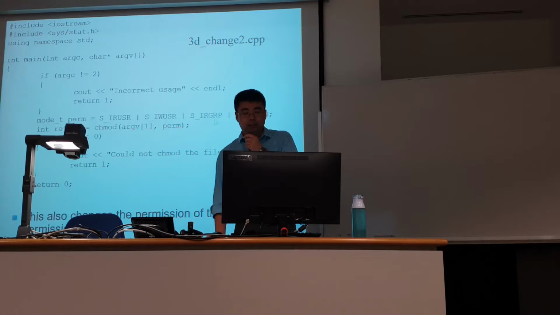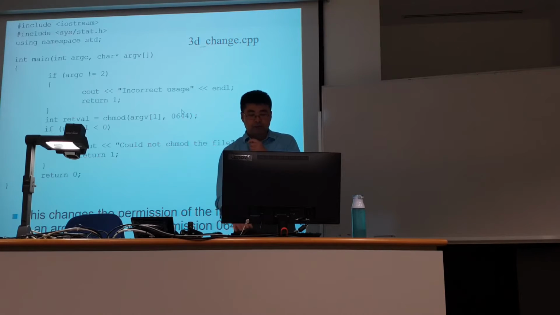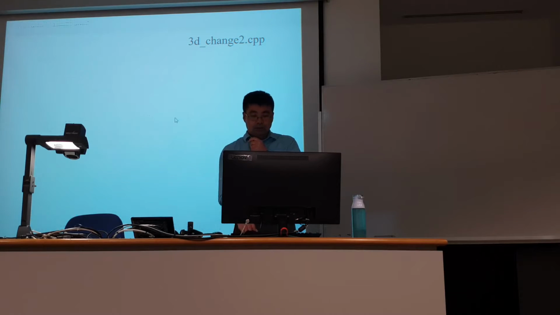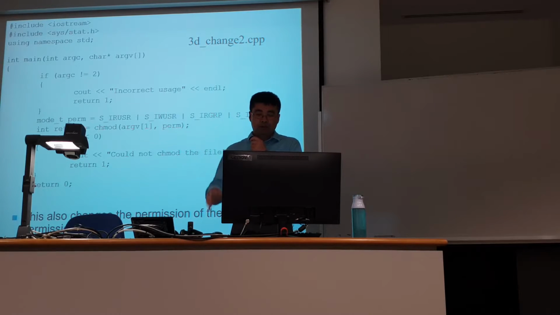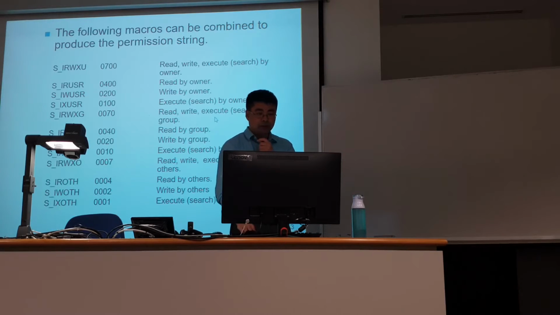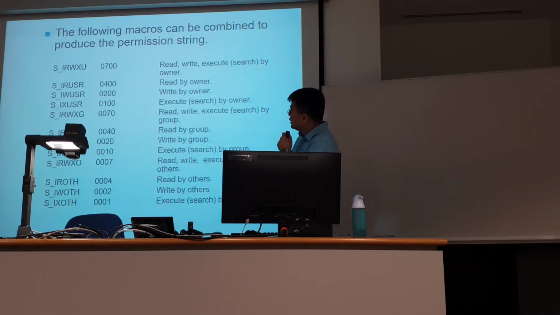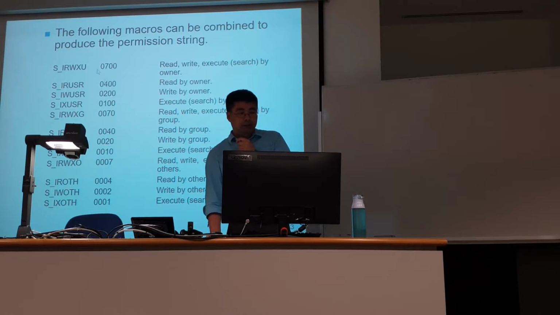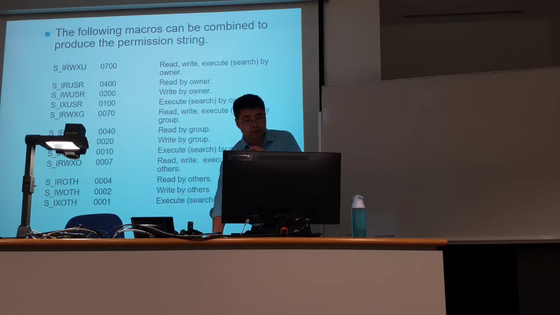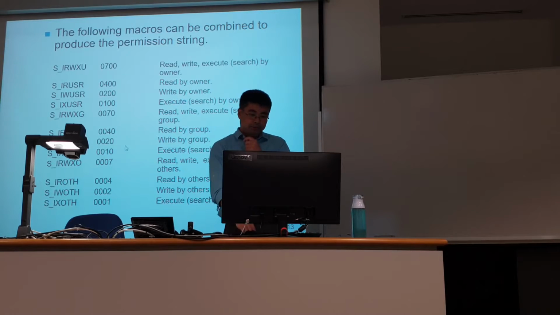This has the same effect as this one. So instead of memorizing numbers, you can use these constants. The constants are listed here. You can give read, write, execute to the owner, and so on. These are the constants or macros corresponding to these integers.